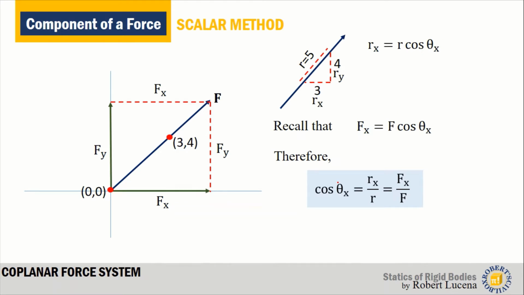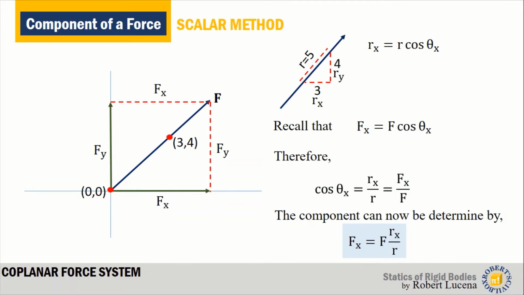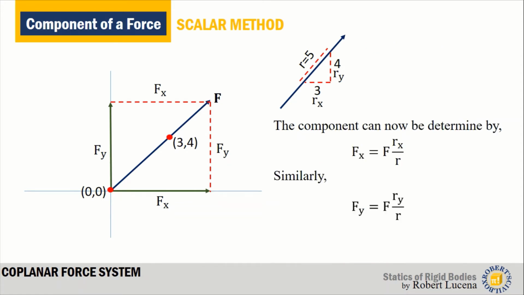From the first equation, cosine theta x is equal to Rx over R, and also cosine theta x is equal to Fx over F. Now we can say that Fx is equal to F times Rx over R. Similarly, we can say that Fy is equal to F times Ry over R.